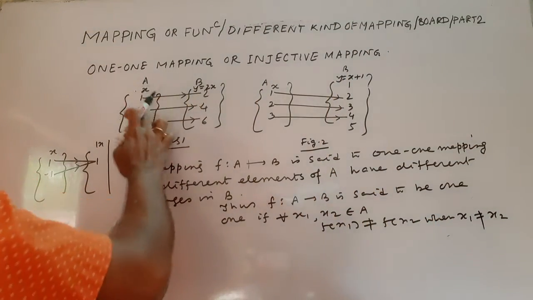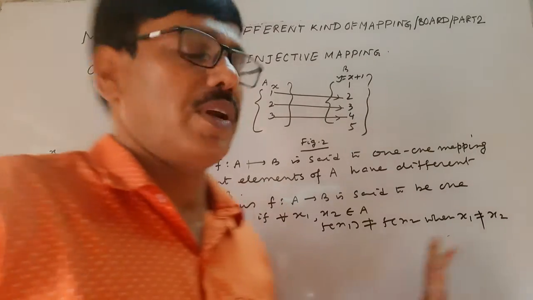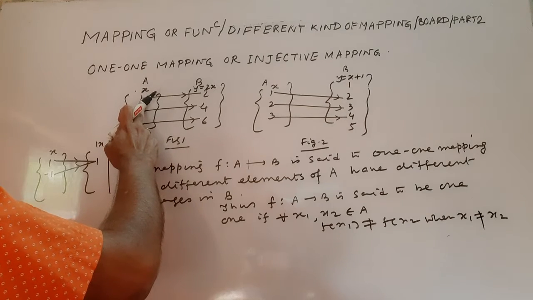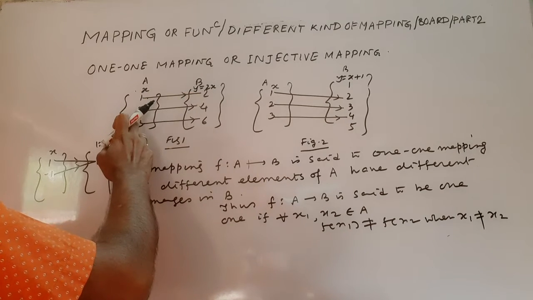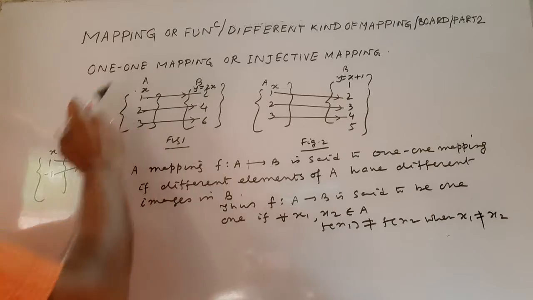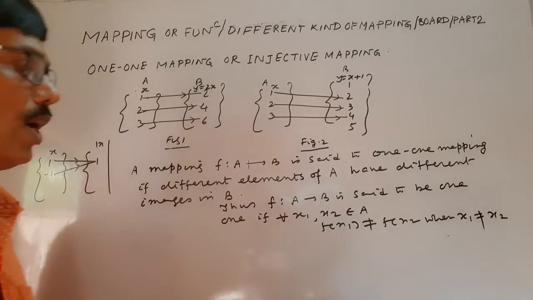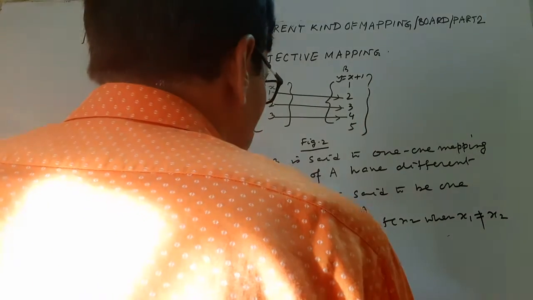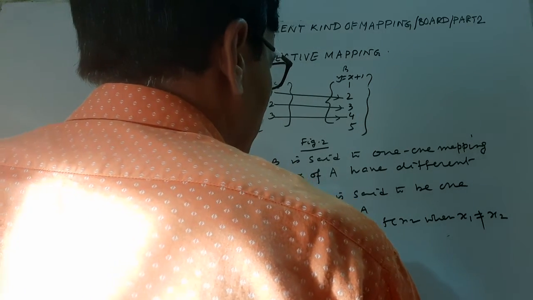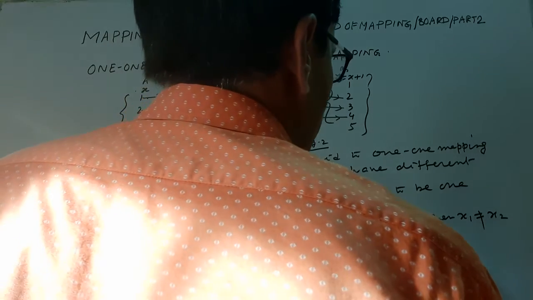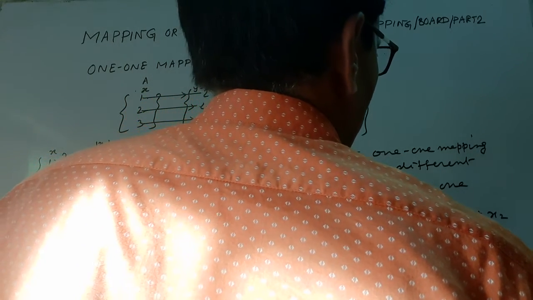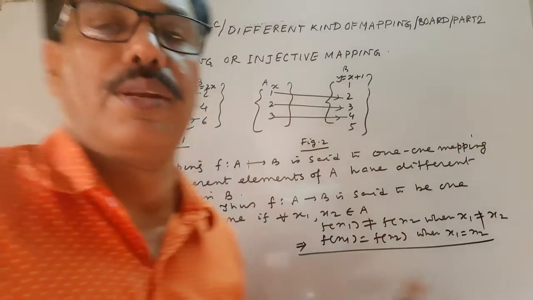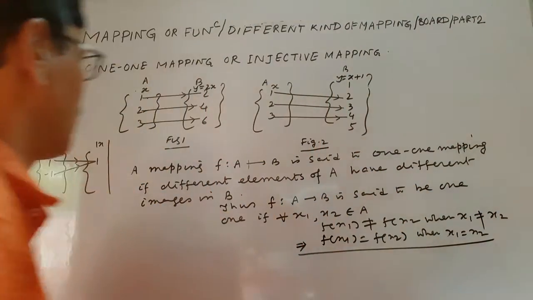If x1 and x2 are different, then f(x1) not equal to f(x2). f(1) is 2, f(2) is 4, but 1 is not equal to 2. So this is a 1-1 function. Or equivalently, this is also written as f(x1) equals f(x2) when x1 equals x2. We can use this definition also.